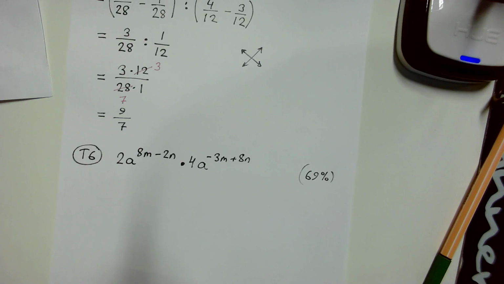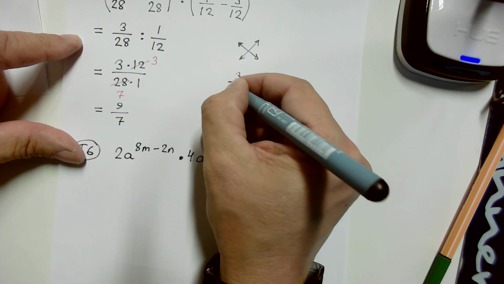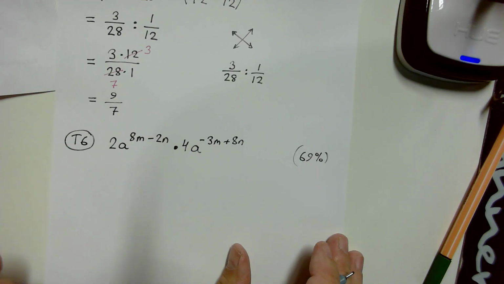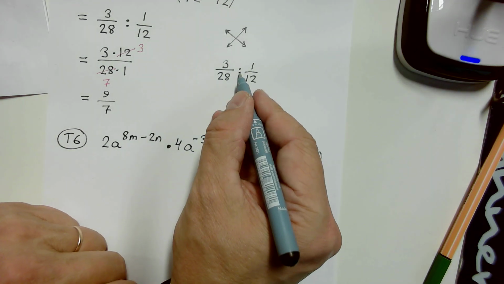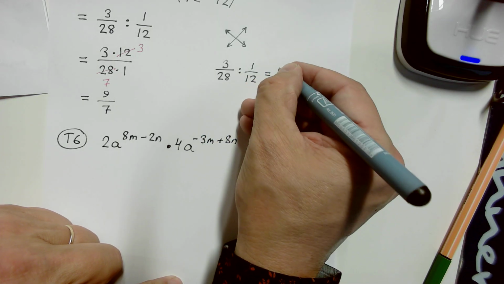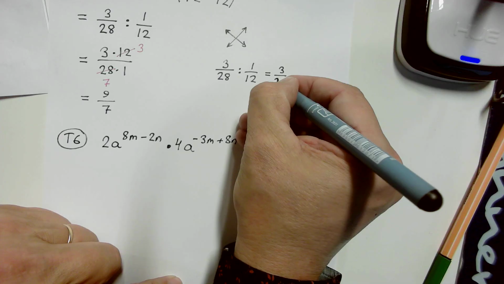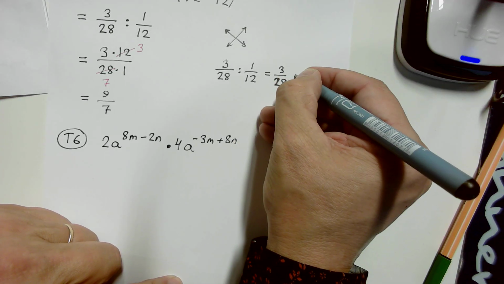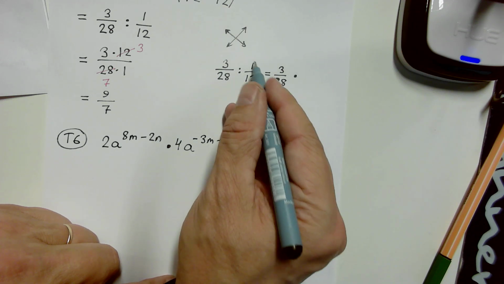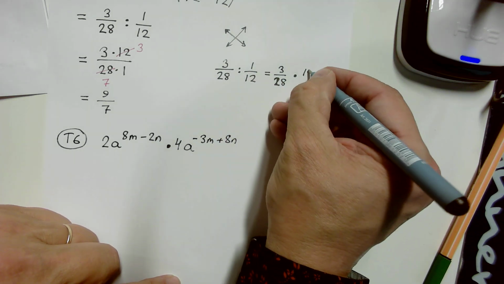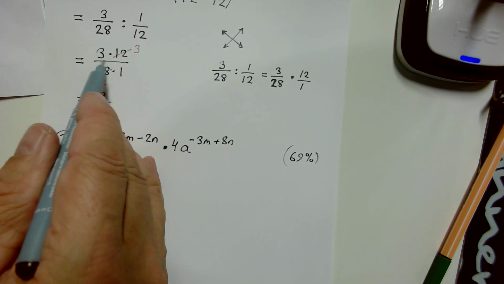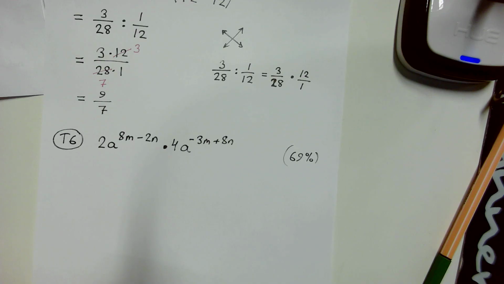We also can do it so that when we have this situation here, we change this division mark to a multiplication mark. So we get 3 divided by 28 times, we change this to a multiplication mark, and then we change the order of these numbers, 12 divided by 1, and we actually get the same as with cross multiplication.